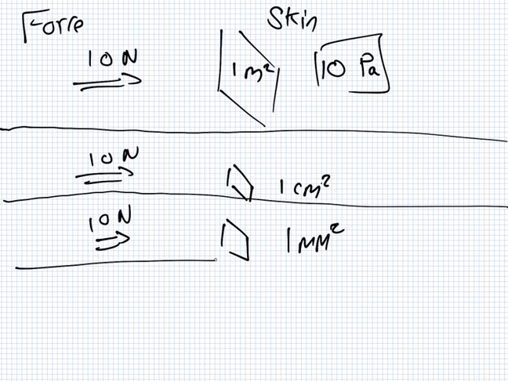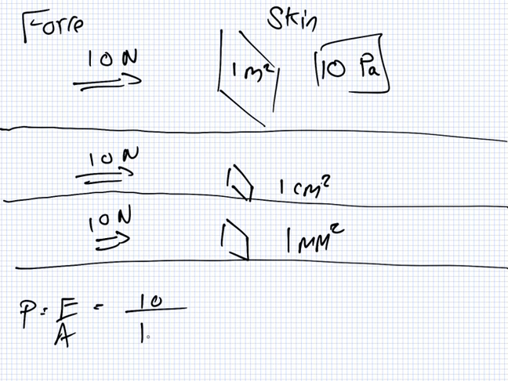So let's have a look here at the second one. Pressure is force over area, which will be 10 over 10 to the minus 2, that's a centimetre squared, so that's 10 to the 5 newtons.